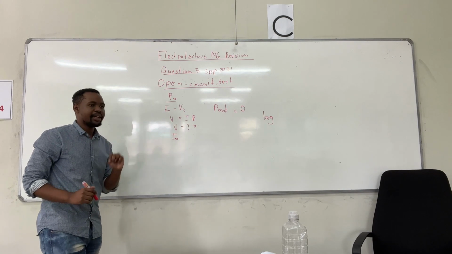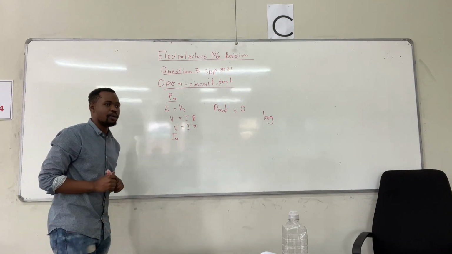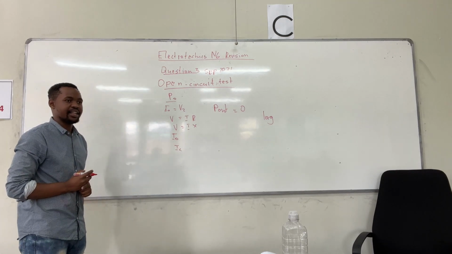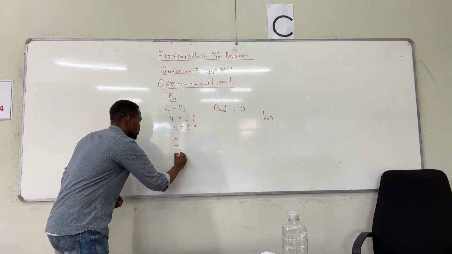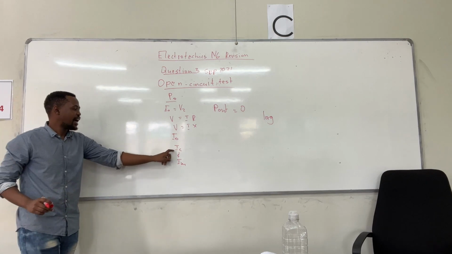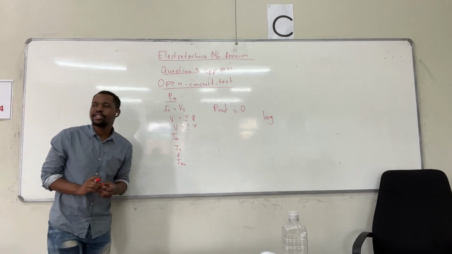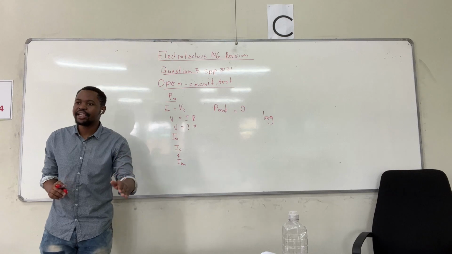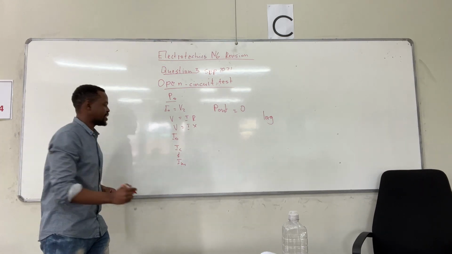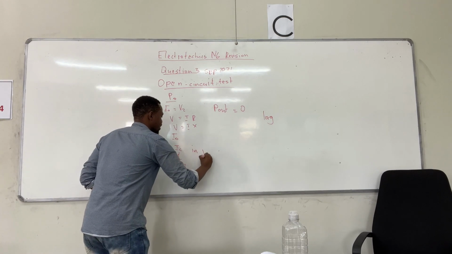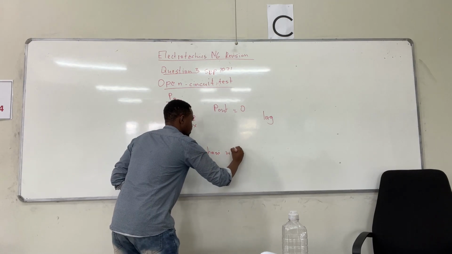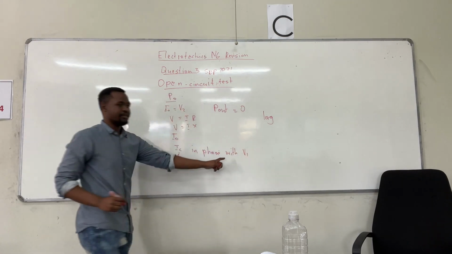The only current that is flowing is the primary no load current. This primary no load current has two components: IC and IM. IC is responsible for supplying the core losses, and IC is in phase with the applied voltage.